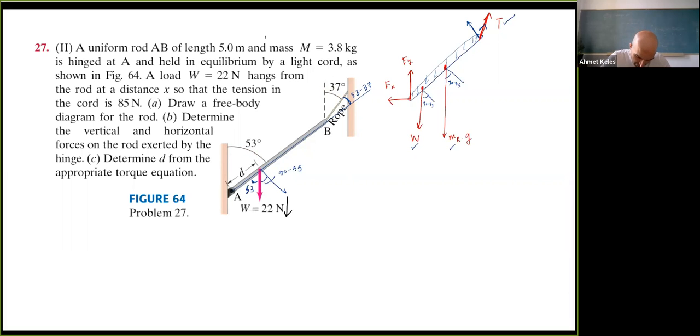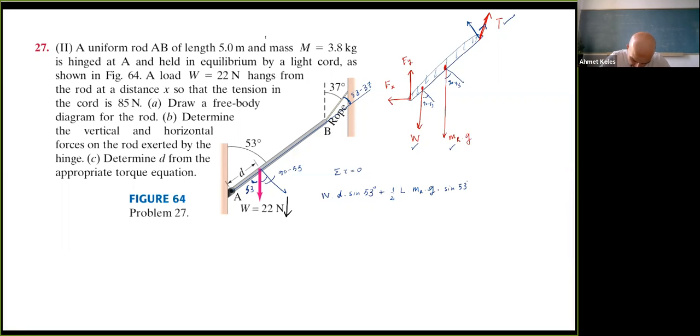So total torque should be 0, then W times, okay, I have a lot of angles, W times, let's call it D, times, I need to calculate this component, so this is cosine of this angle, is sine of this angle, so this is sine 53, plus 1/2 L times m_r times g times, again, the same angle, sine 53.